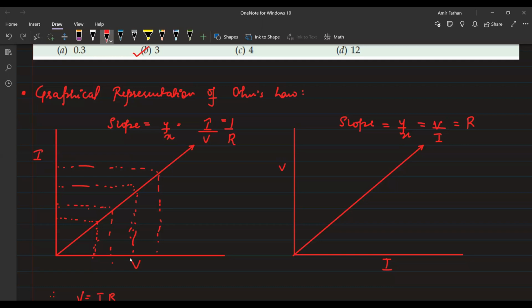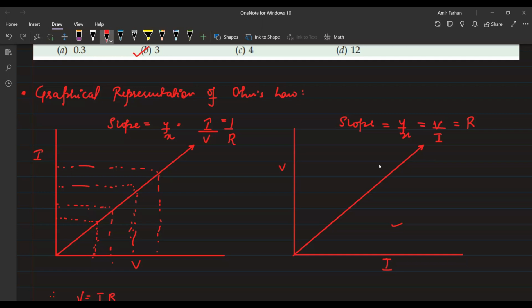Both graphs are right; there is nothing wrong with them. Students usually take V on the y-axis and I on the x-axis, which is the common graph, but sometimes board exams give the other graph, so students get confused. In one graph you get the reciprocal of resistance, but in the other you get the exact value of resistance. Clear? Any doubt?